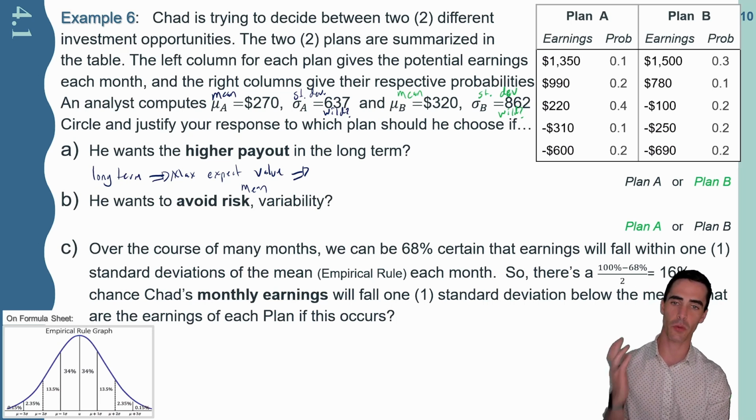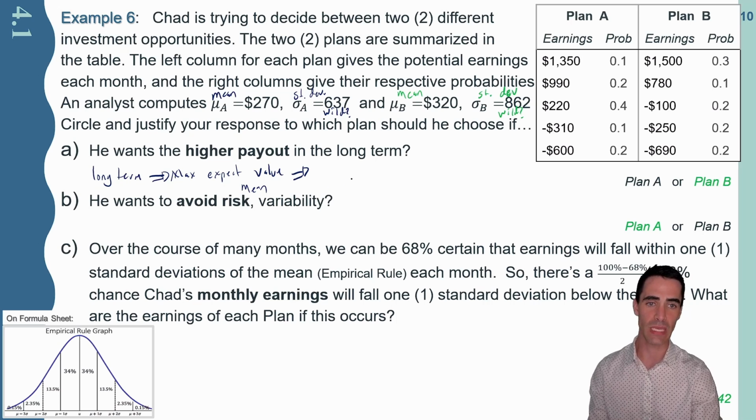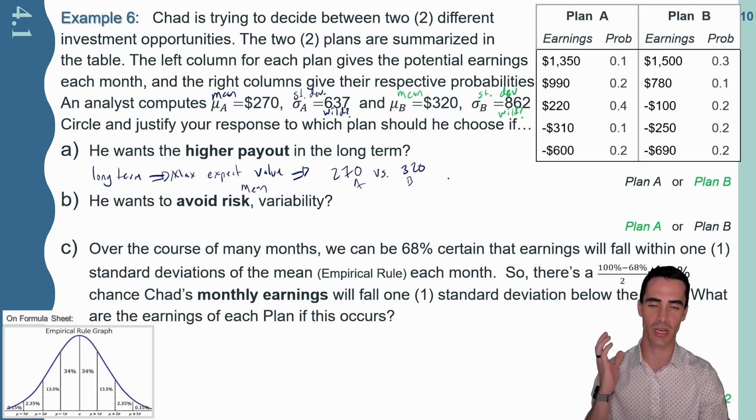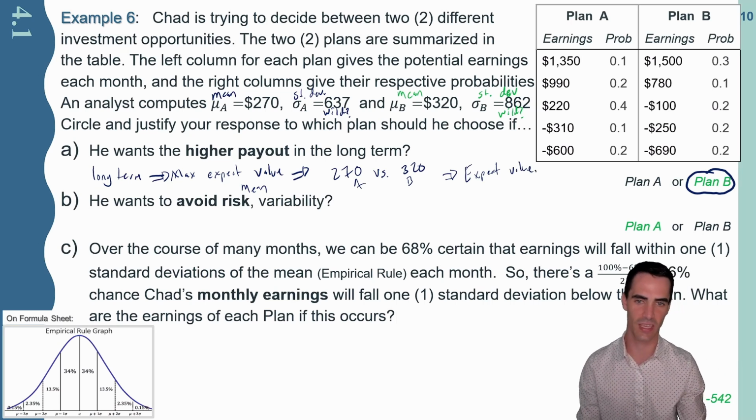So this idea, if he wants a higher payout in the long term, means we want a higher mean. And if we're looking at higher means, 270 for my first plan versus 320 for my plan B, this choice would be obvious. If we're just trying to maximize a higher payout, then we should certainly choose plan B because of the expected return or value in this case.